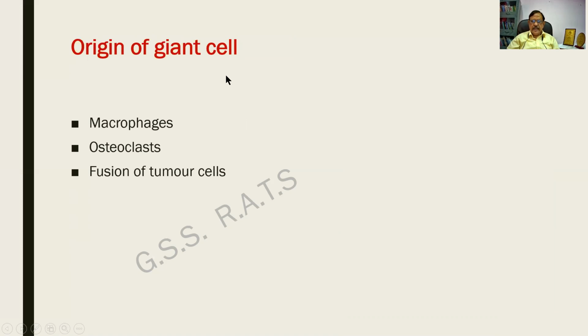The origin of the giant cell was thought to be macrophages or osteoclast, or it was due to the fusion of the tumor cells. It was not sure, and still we do not know the origin, hence the classification is tumor of unknown origin.